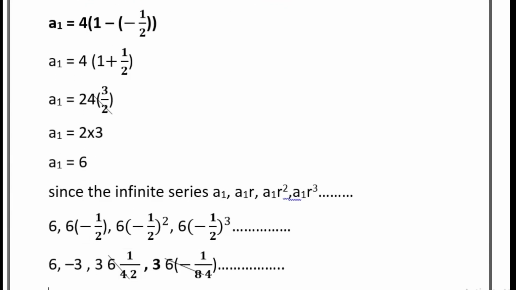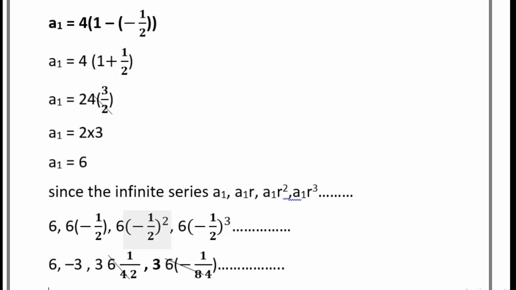Since the infinite series is a1, a1 r, a1 r square, a1 r cube up to so on, by putting the values of a1 and r: first term a1 equal to 6, second term 6 into r, where r is equal to minus 1 divided by 2, so minus 3.